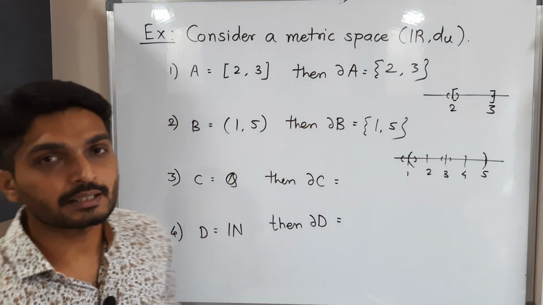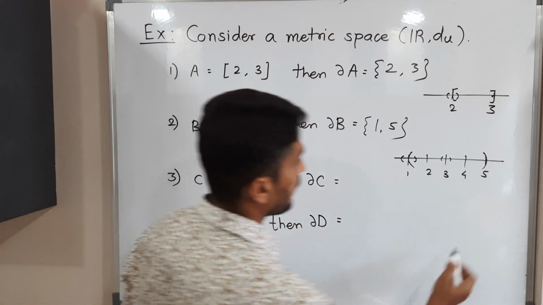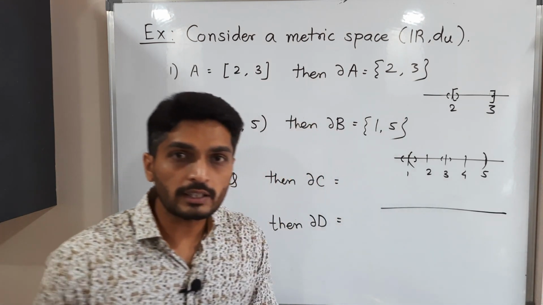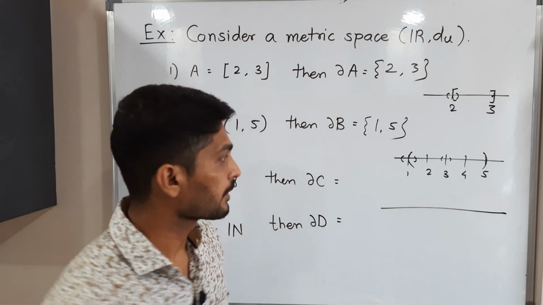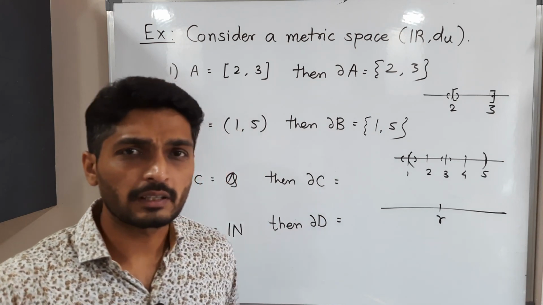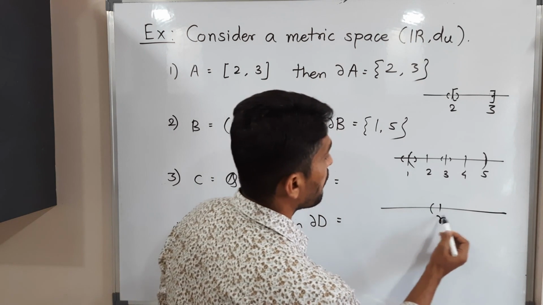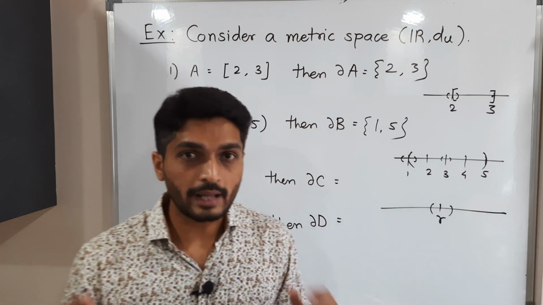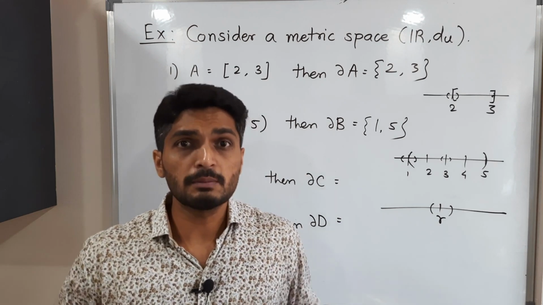The next set is a little bit complicated, that is the set of rational numbers Q. You know that on the real line there are infinitely many rational numbers and infinitely many irrational numbers. If you take any real number, rational or irrational, and draw an open ball around it, it contains many rational and many irrational numbers.